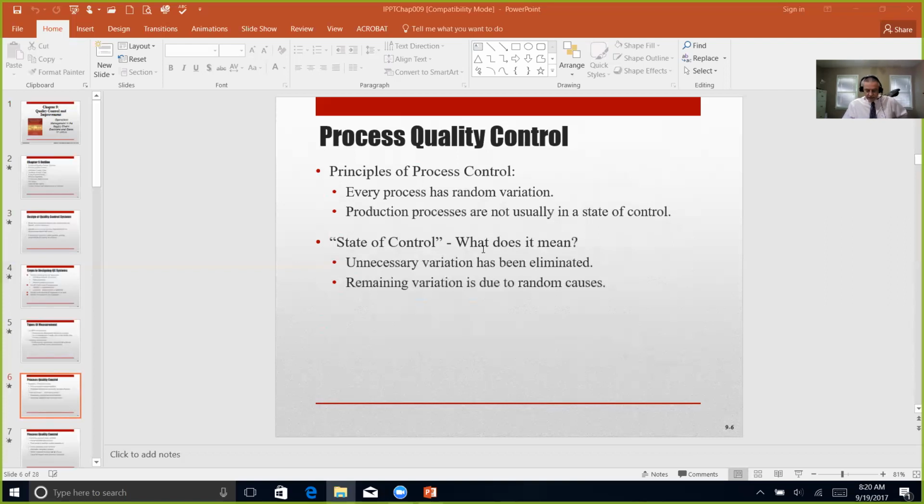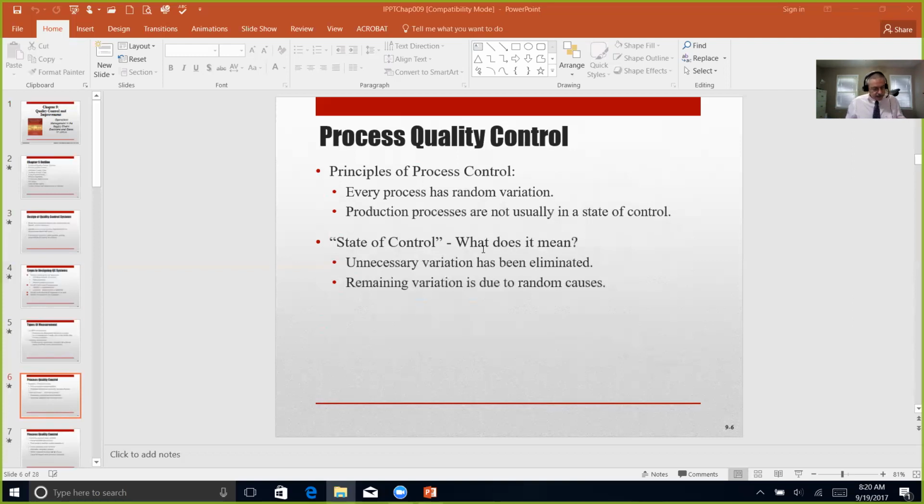maintained in that state using quality control charts, which we'll see here in figure 9.1, where we have our center line, an upper control limit and a lower control limit. If you remember from your statistical days, the upper and lower control limits are typically set plus and minus 3 standard deviations from the mean, with the mean typically being the center line.